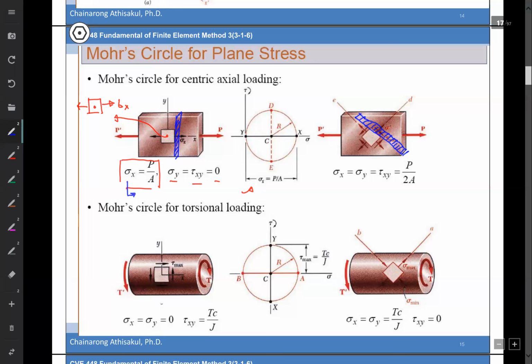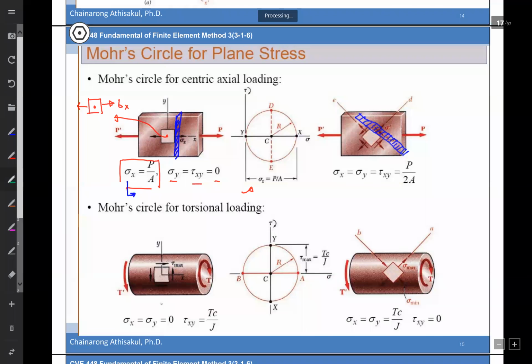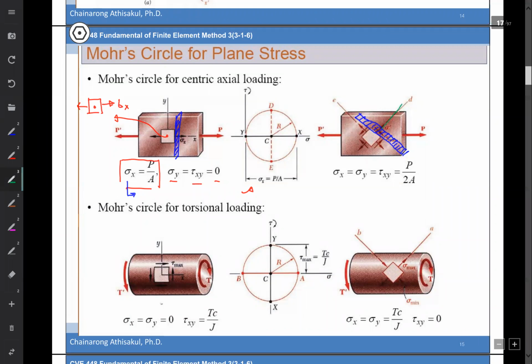According to this, if we consider this plane, it means that we have two components, normal stress and also shear stress.